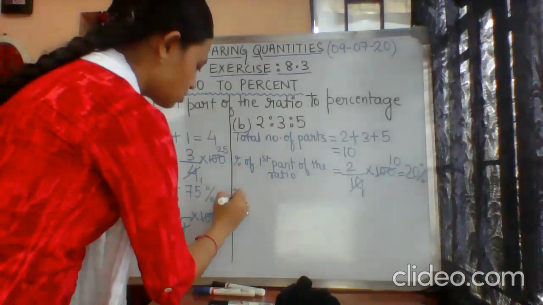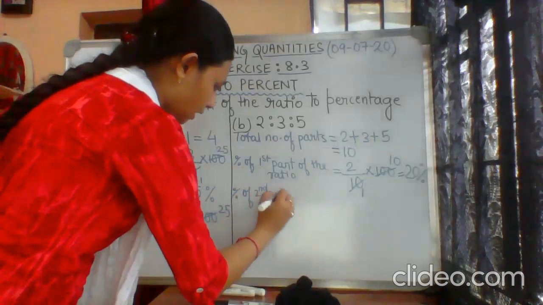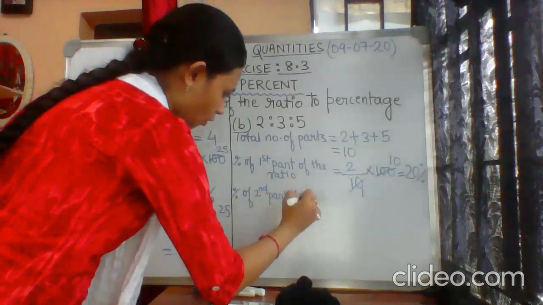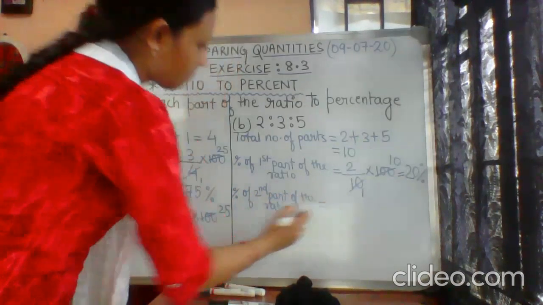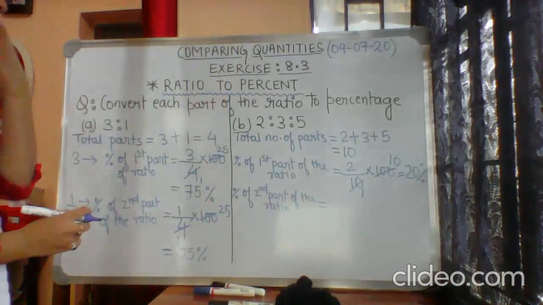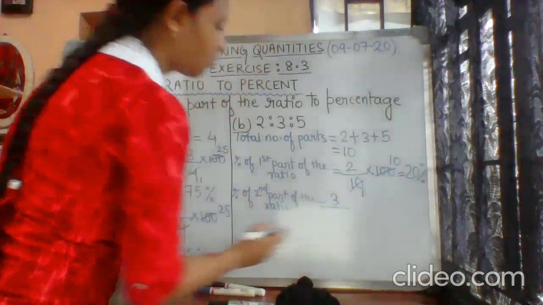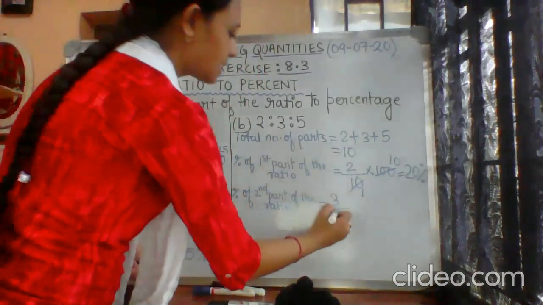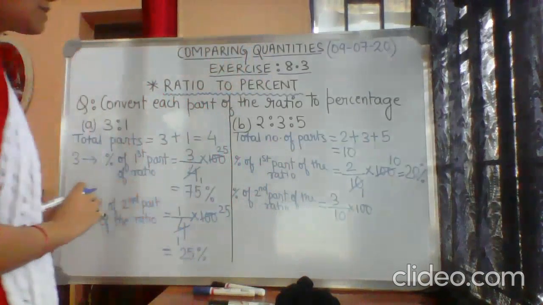Now we are going to find the percentage of the second part of the ratio. Second part, how many parts are there in the second part of the ratio? 3 parts are there out of total number of parts, that is 10, into 100, as we are going to convert into percentage.